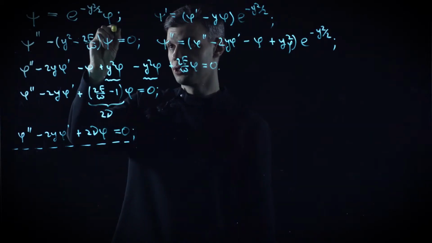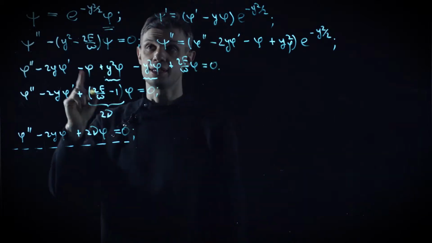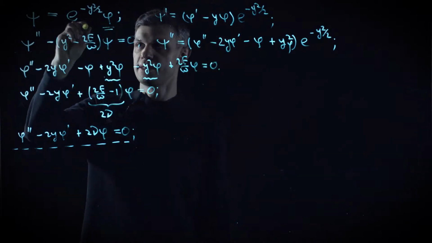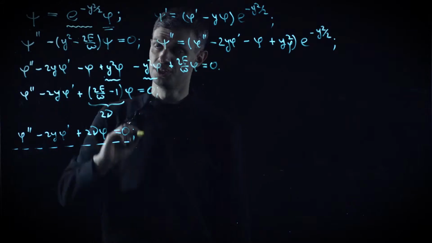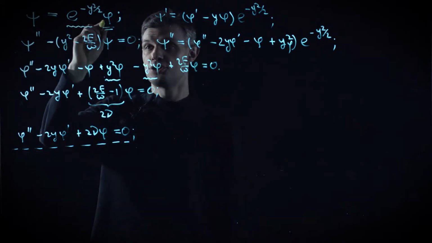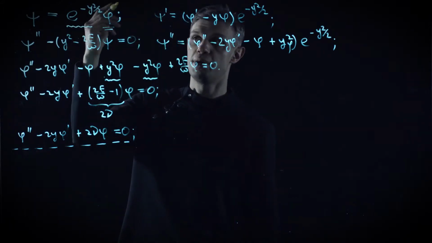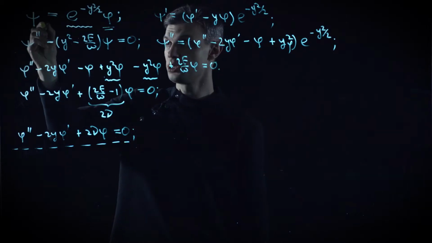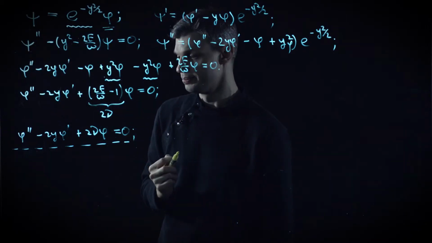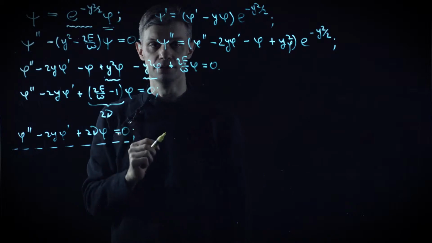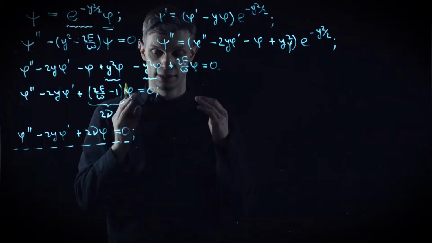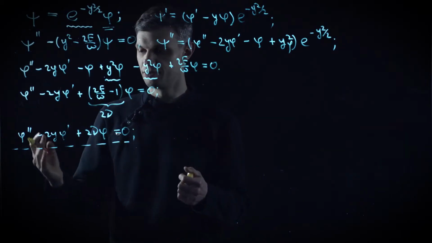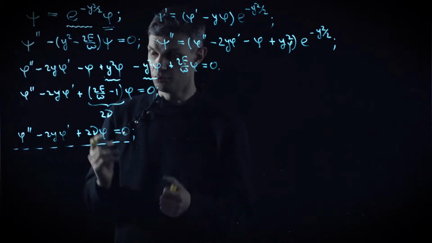So the phi function, well, actually it can grow for large y because it has this exponential prefactor, but its growth should be not greater than e to y squared over 2. Otherwise, the initial wave function will blow up. So far, so good.